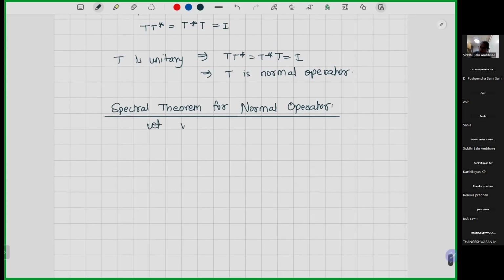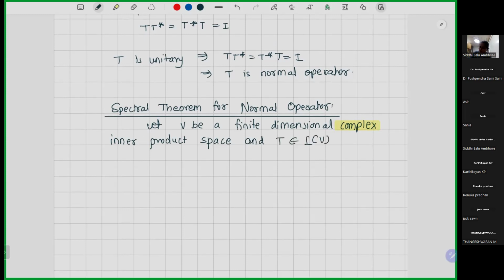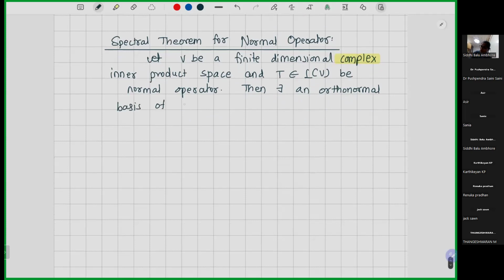It states that let V be a finite dimensional complex inner product space, complex is important, and T a linear operator. Let T be a normal linear operator. Then there exists an orthonormal basis of V consisting of eigenvectors of T.